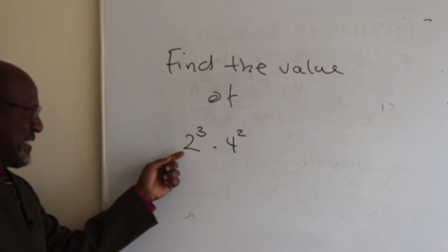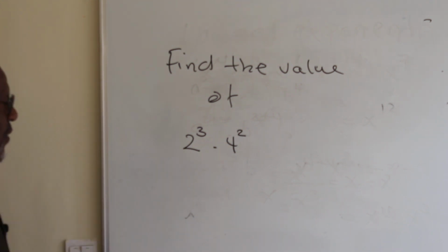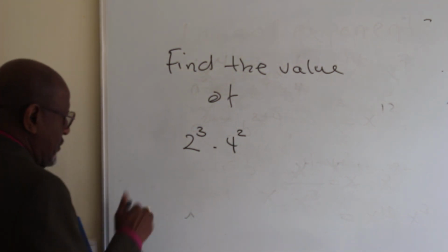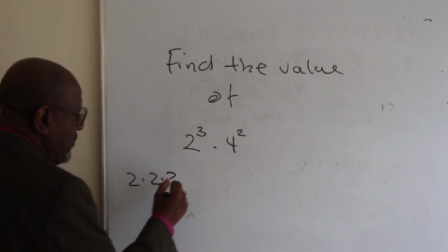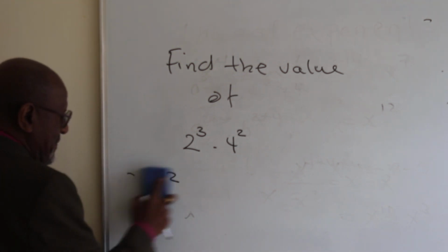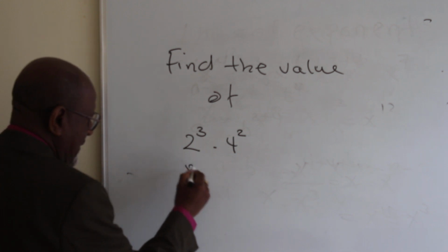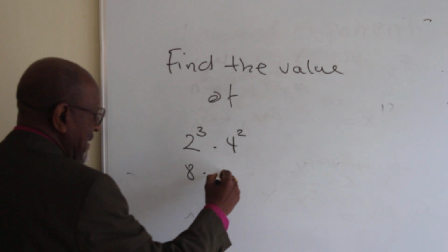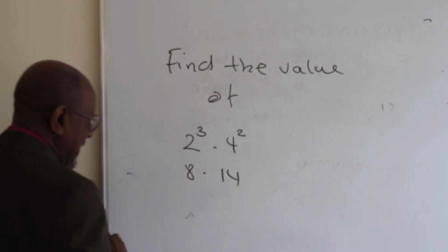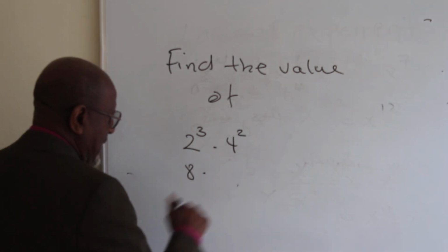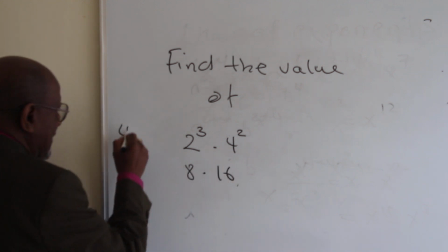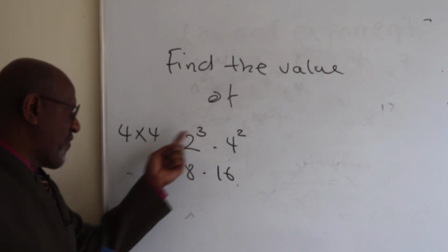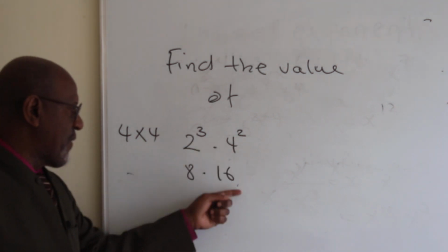It is not. It's 8, because 2 to the third power is 2 times 2 times 2, which is 8. And 4 to the second power is 16, that is 4 times 4. So we simplify that, and we've got real numbers.